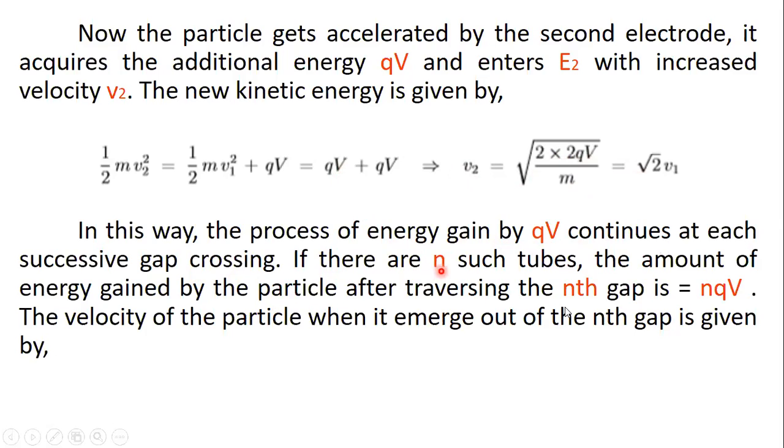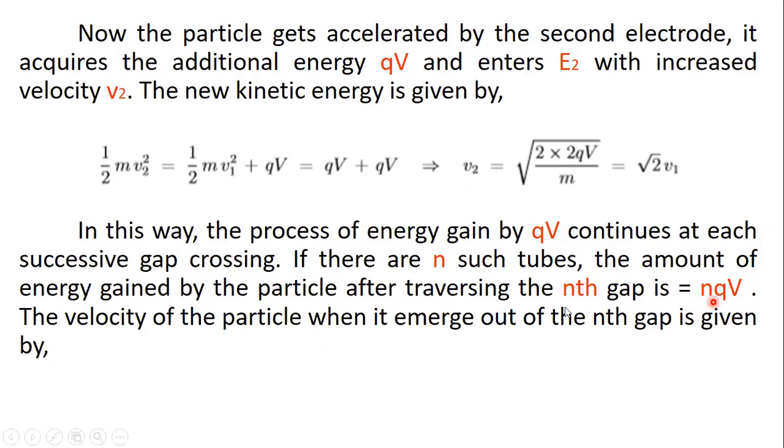Assume that the linear accelerator has n number of such tubes. When the particle enters the first gap, it has energy v1. When it enters the second gap, it has energy v2. Then it reaches the nth gap.